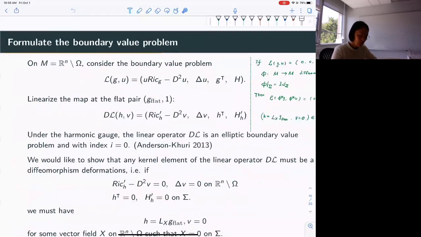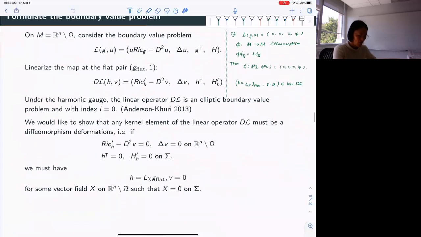This is equivalent to the statement here: any kernel element of the linearized operator must be a diffeomorphism deformation. In more detail, if (h, v) solves the linearized static vacuum equation and preserves the Bartnik data, meaning the linearization of the Bartnik data with respect to h on the boundary equals 0, then we want to show it is trivial, in the sense that it is generated by a diffeomorphism.